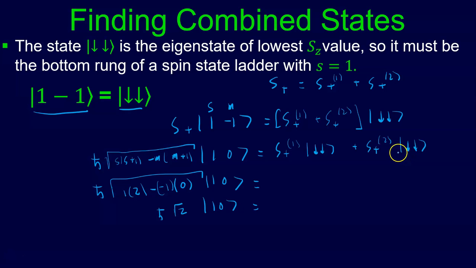Basically it's going to raise the state. So this one's going to raise the first one, and so I'm going to have a state up, down. And the coefficient in this case, which is using the same thing here, but we talked about it already for spin 1/2, we just get h bar. And so this steps up this guy with an h bar, and then over here this is going to step up particle 2, and so it'll be down, up, like so, with again another factor of h bar.